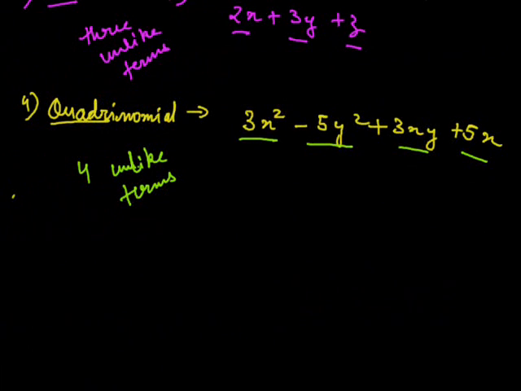In general, an expression having one or more terms is called a polynomial.